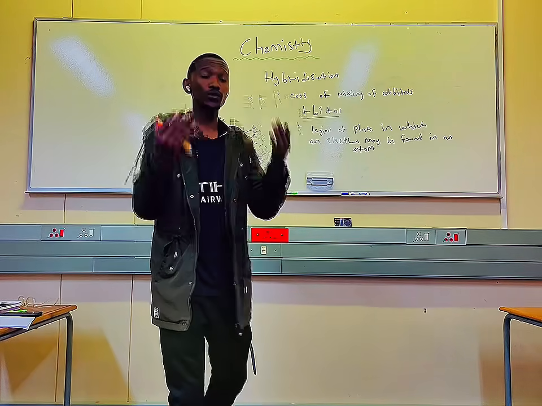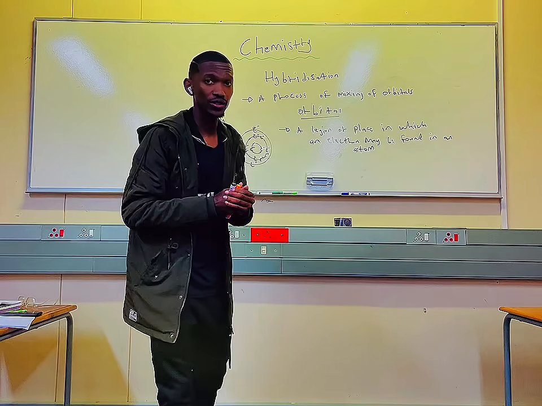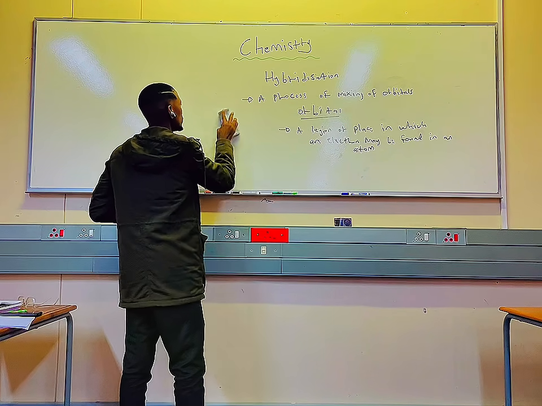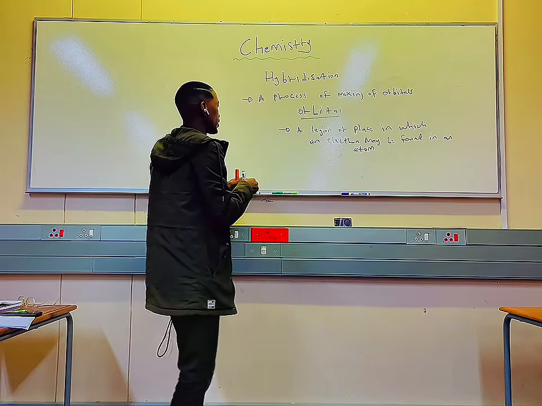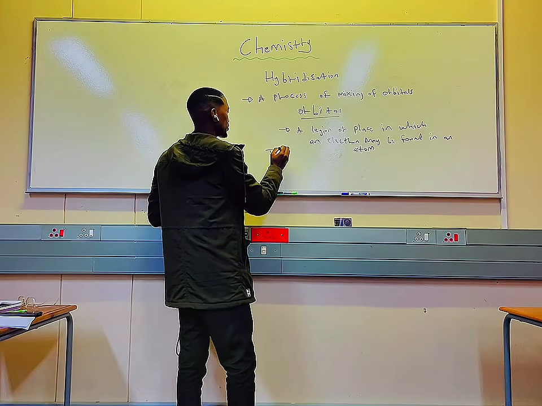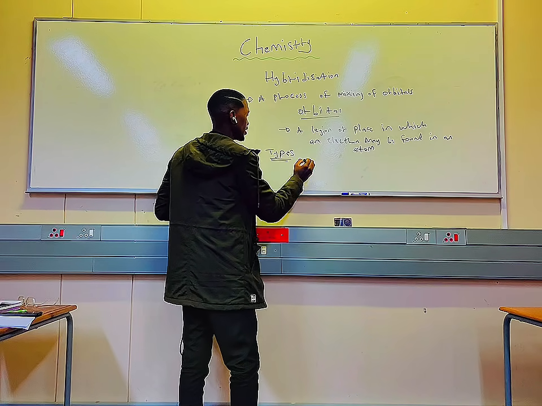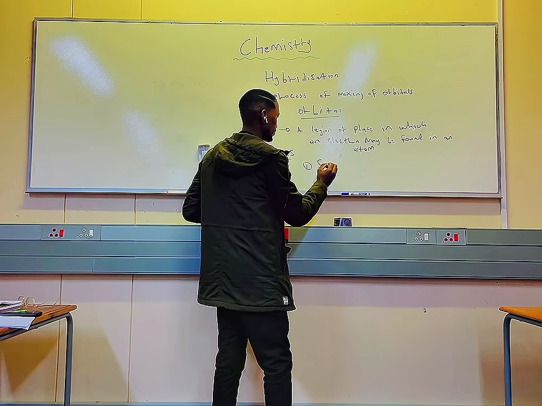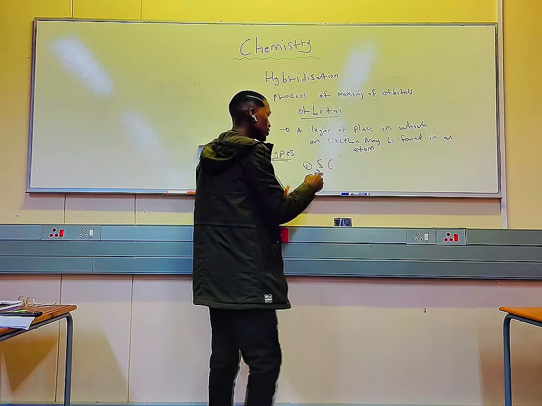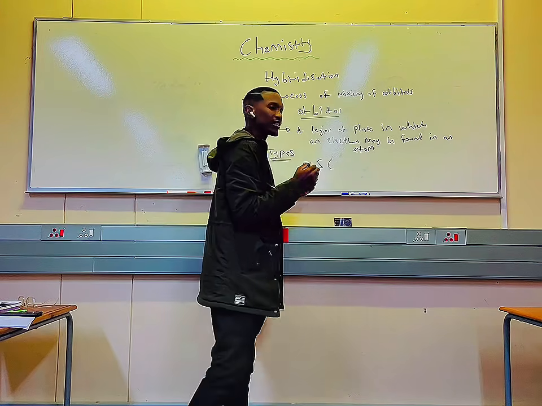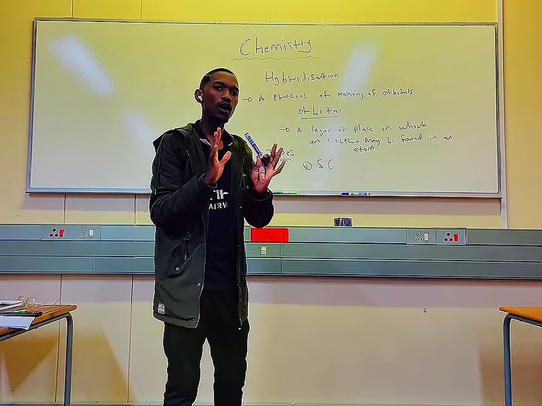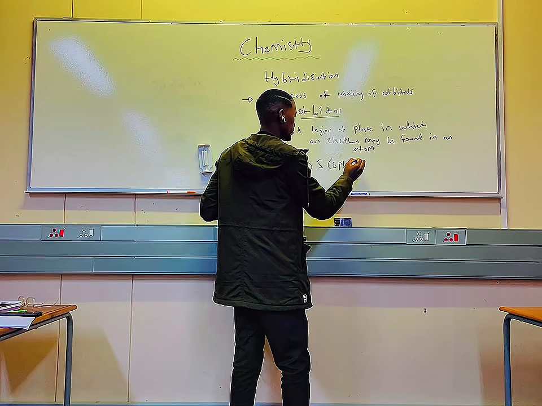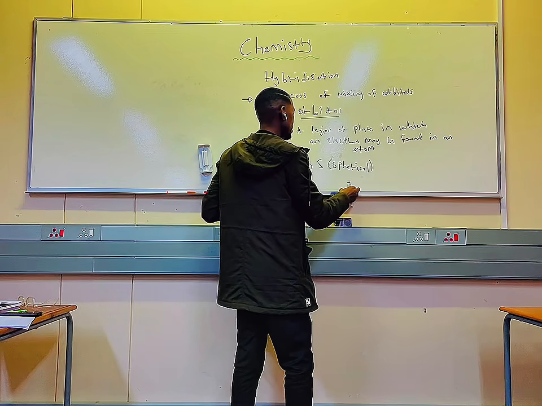We have different types of orbitals, which is very much important. Okay, now let me just mention them. Types of orbitals: number 1, we have what we call the s orbital. The shape of the s orbital is spherical.